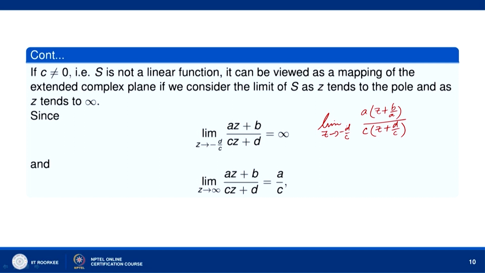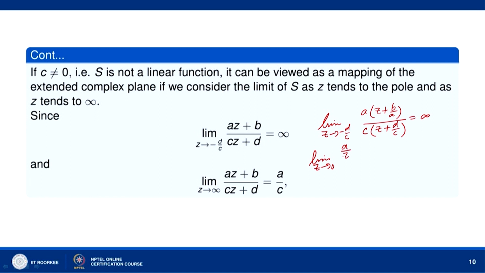Now, when z tends to −d/c, the denominator goes to 0, therefore, S(z) goes to infinity, and here when z goes to infinity, in order to show the limit of (az + b) over (cz + d) as z goes to infinity, we write it as the limit as z tends to 0, replacing z by 1/z.